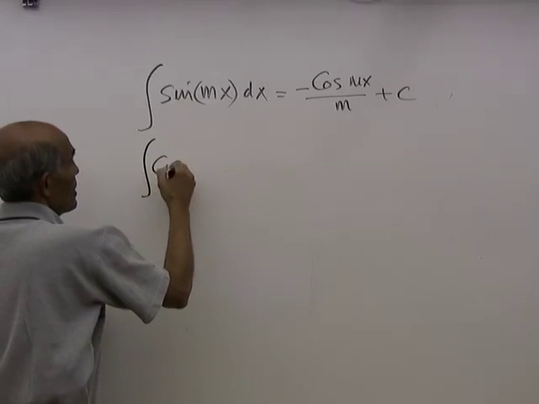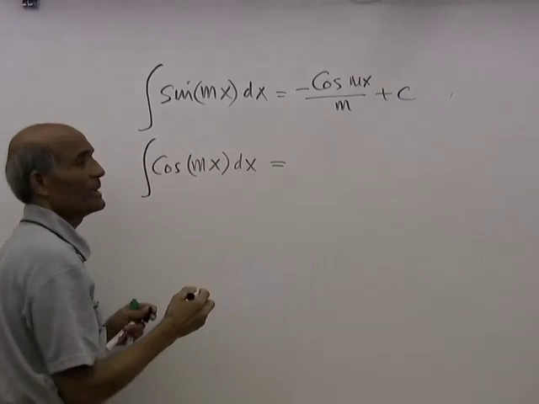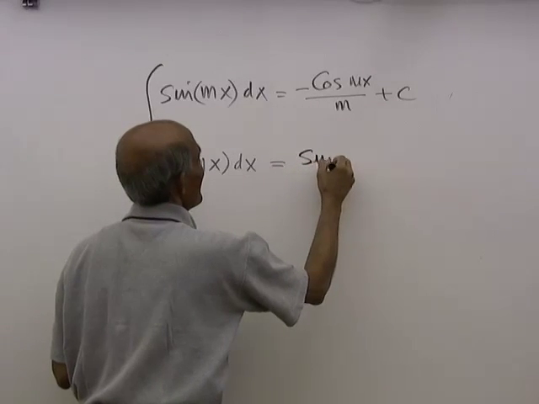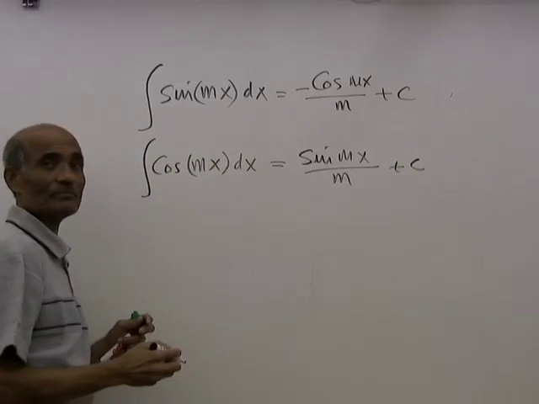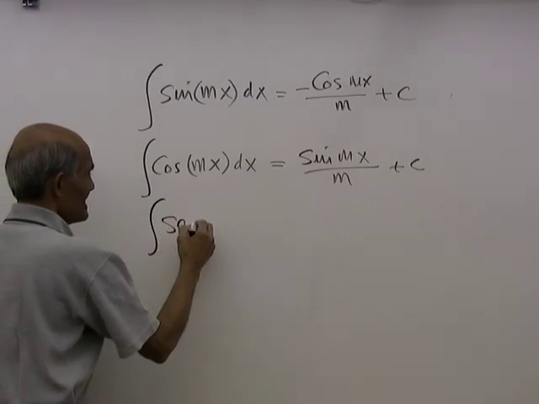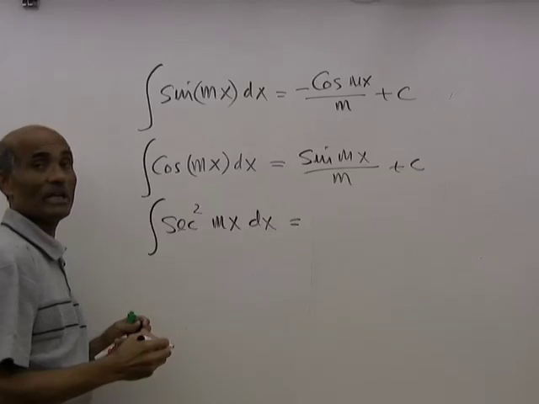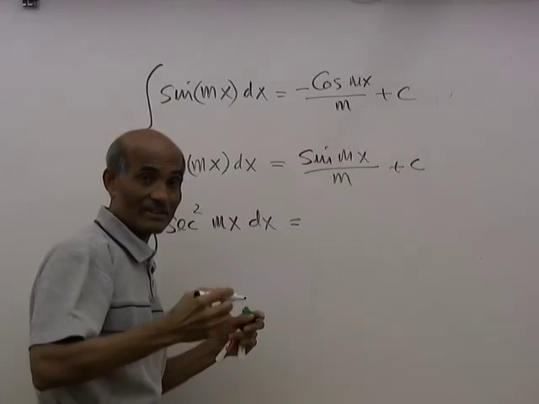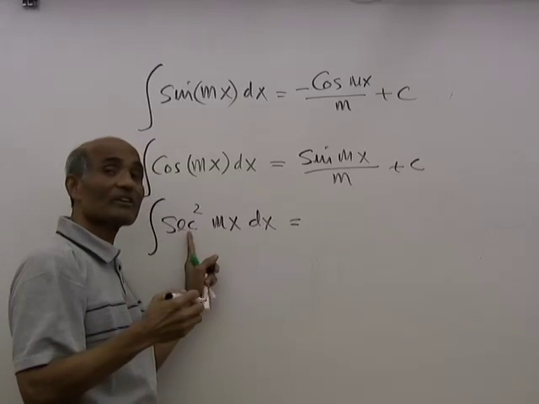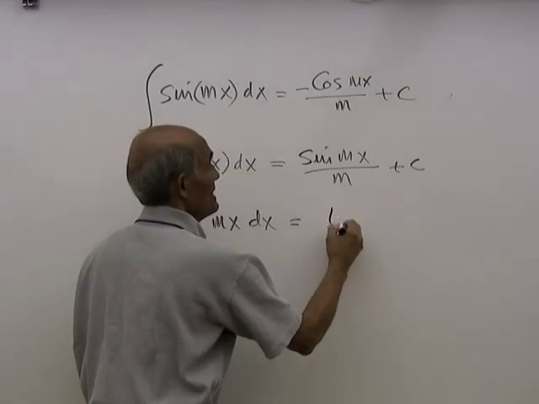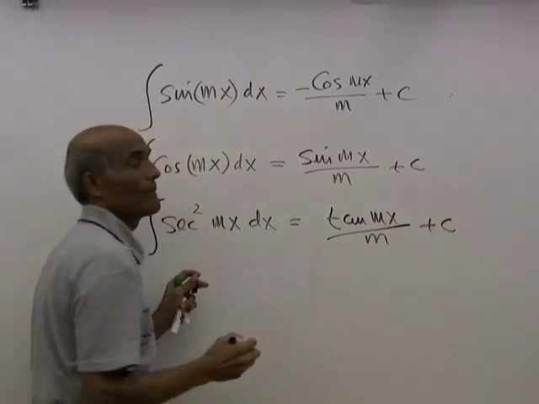Similarly, the integral of cos mx dx will be sine mx over m plus c. How about this? The integral of secant squared mx dx will be, well, the integral of secant squared x is tan x. The integral of secant squared mx dx will be tan of mx over m plus c.